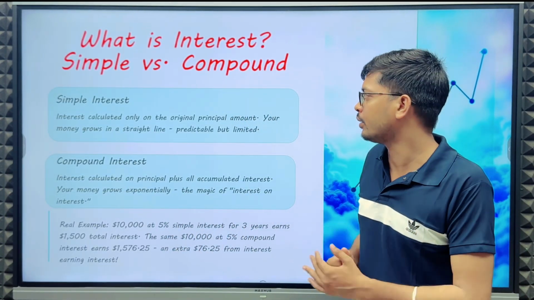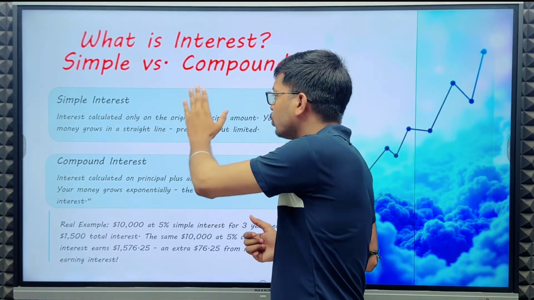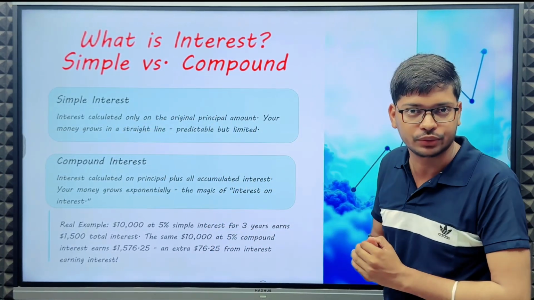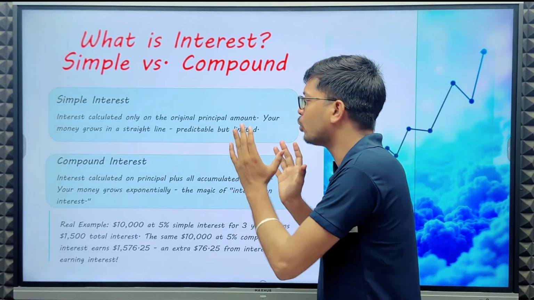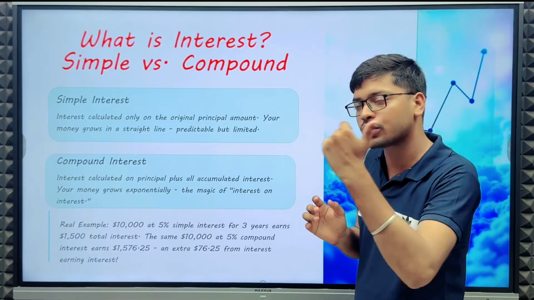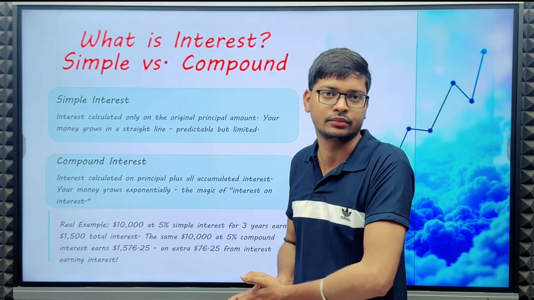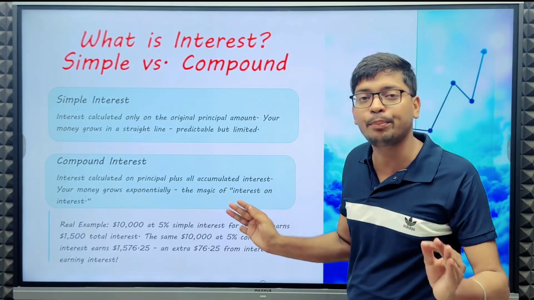Simple interest means interest calculated only on the original principal amount. Your money grows in a straight line, not interest on interest. Predictable but limited. It is called simple interest.